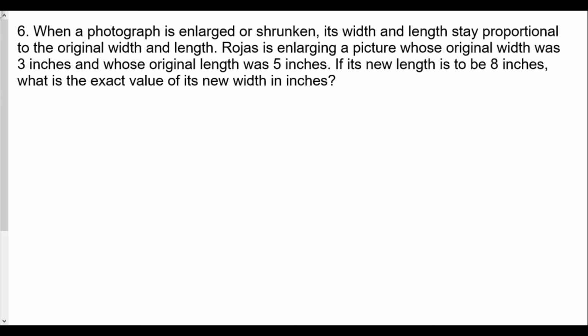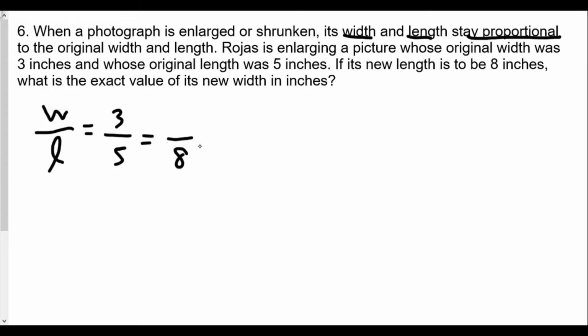So we are now comparing, in this case, our width and length. Width and length stay proportional. So we have our width and our length. So the original picture is going to have a width of 3 inches, and the original length is 5 inches. If we're enlarging it, the new length is 8 inches, so the new length is the denominator, and we want to figure out the numerator, n in this case.